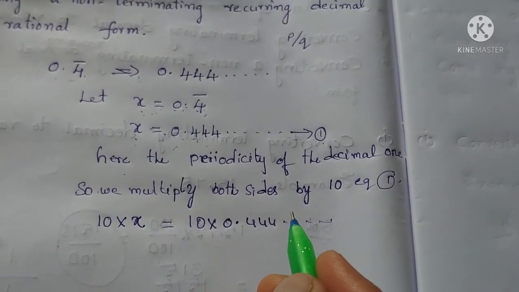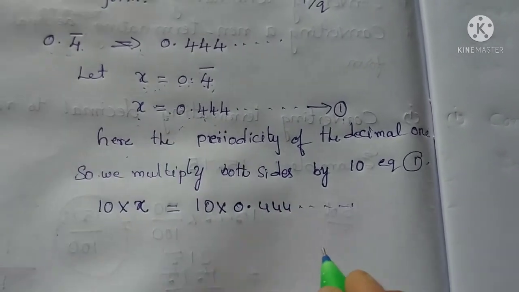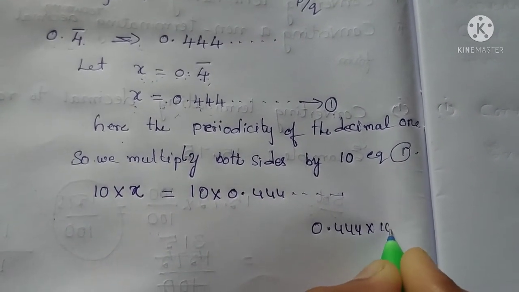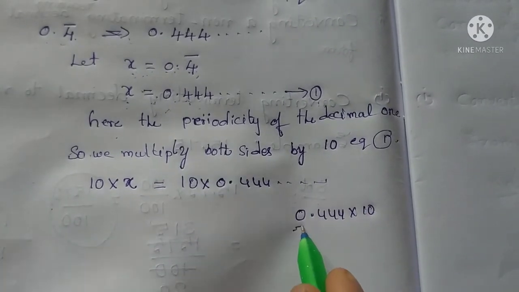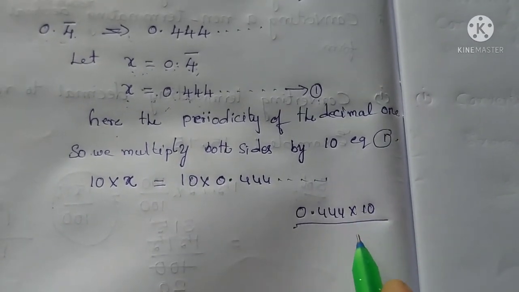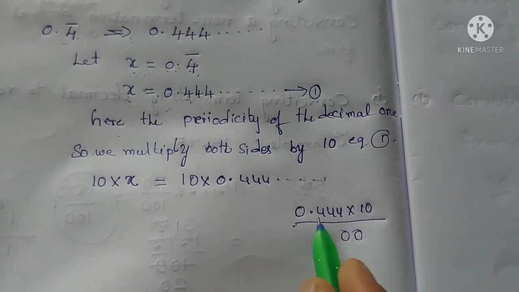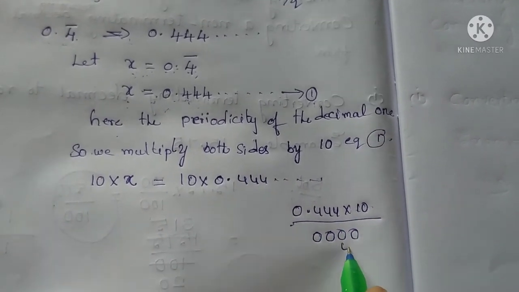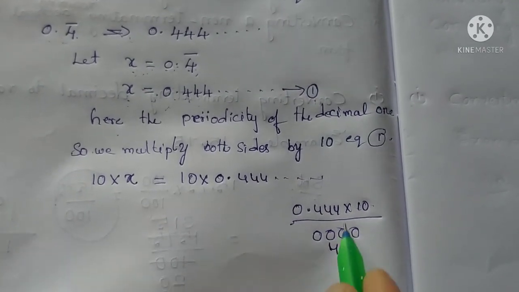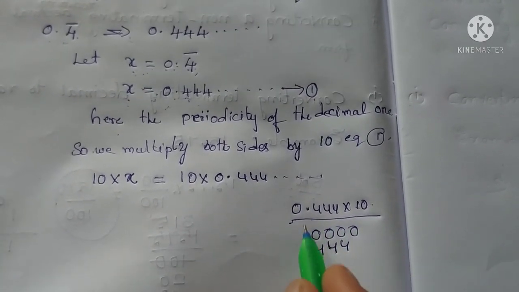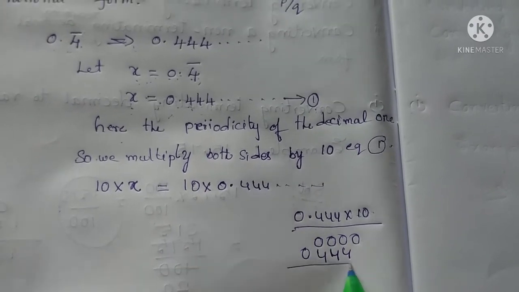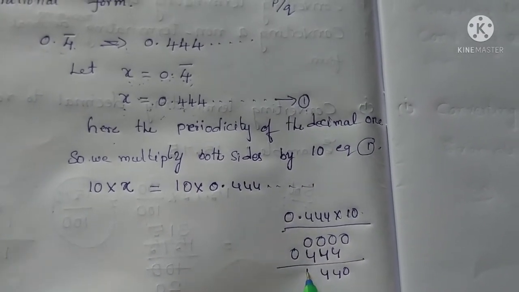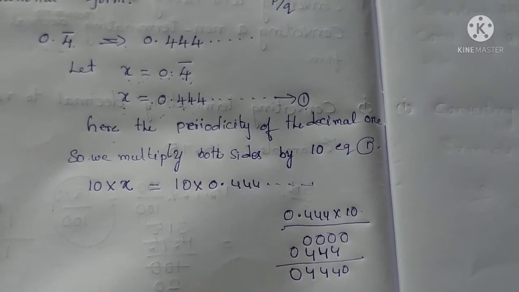Okay, so here observe that 0.444 into 10, we get 4.440 and so on.